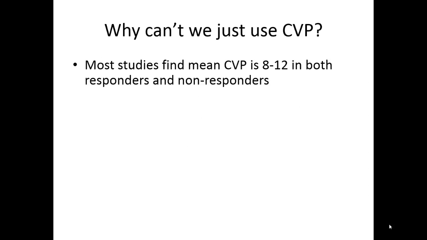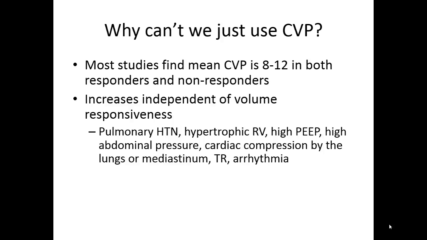So why can't we just use CVP? Well, for one, most of the research out there shows that CVP is 8 to 12, both in people who are going to benefit from a fluid bolus and in people who don't benefit from a fluid bolus. And that's in large part because fluid responsiveness is a small part of the determinant of CVP.